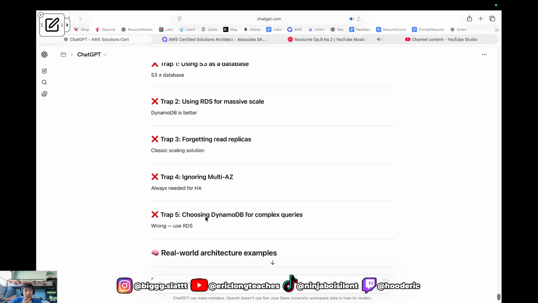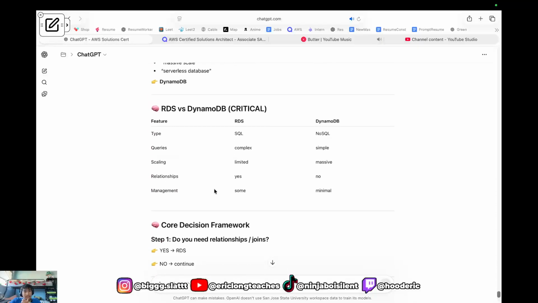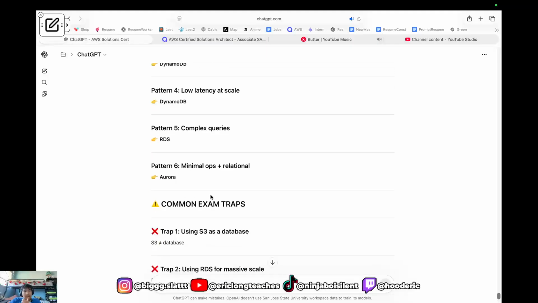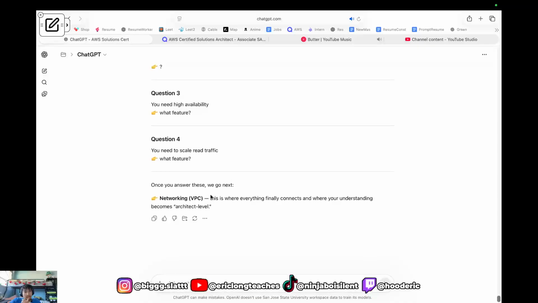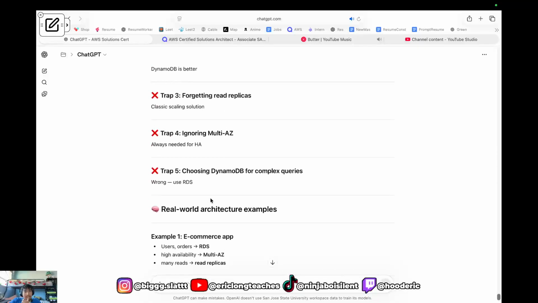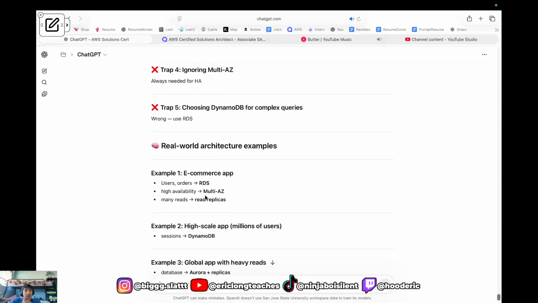Ignoring multiple AZs, always needed for, what was HA again? High availability. Choosing DynamoDB for complex queries is wrong, use RDS.